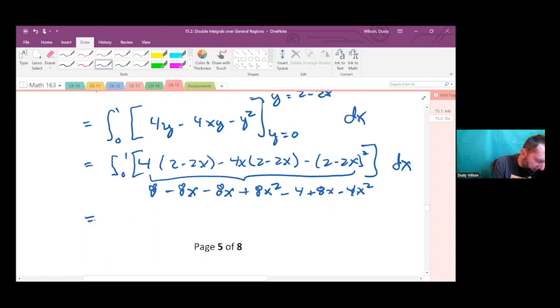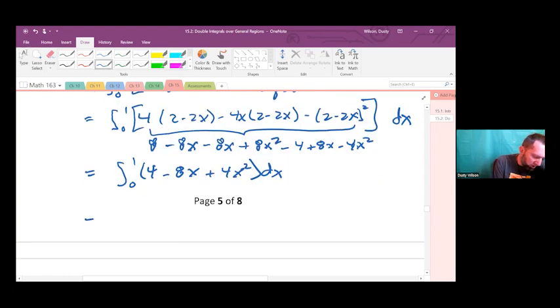If I combine like terms, this would be the integral from 0 to 1 of 8 minus 4 is 4, minus 8x minus 8x, so minus 16x plus 8x, so minus 8x, and plus 8x squared minus 4x squared, so I have plus 4x squared, which would be home stretch.